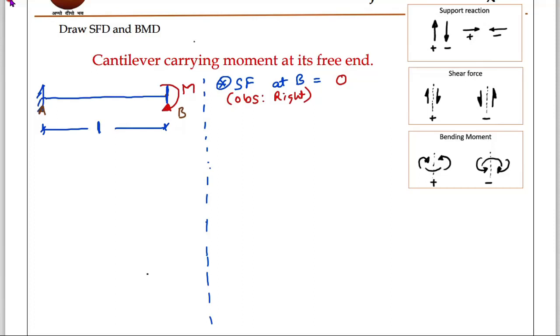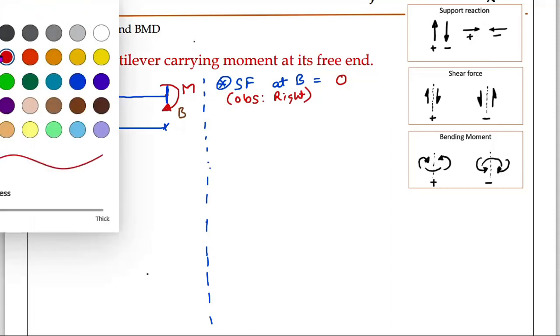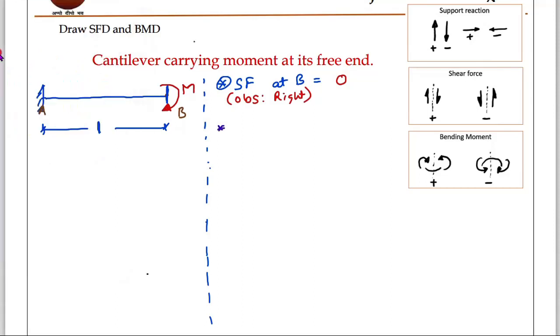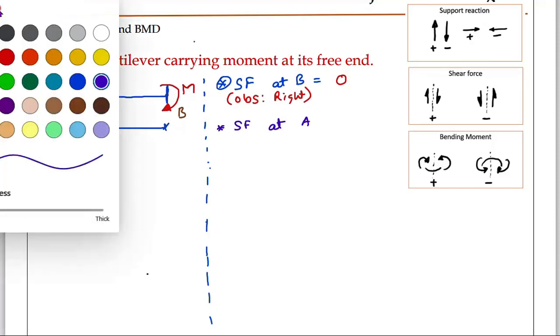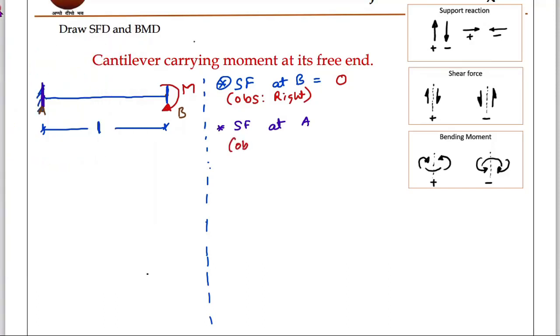Shear force is 0. Now coming to the other point, shear force at A. Shear force at A means at this point. Take a section at A, but make observation on the right side only.